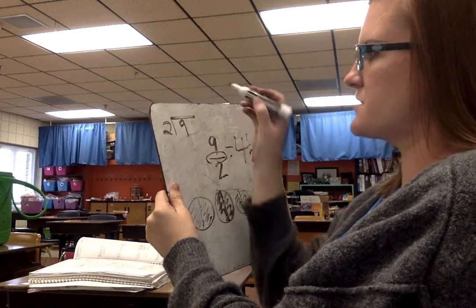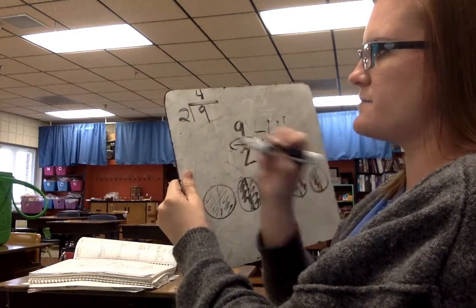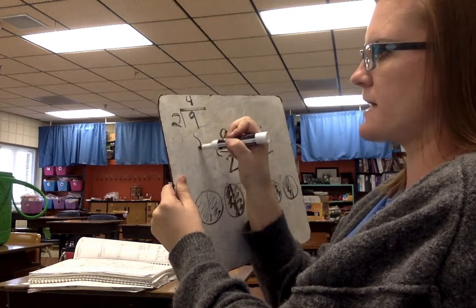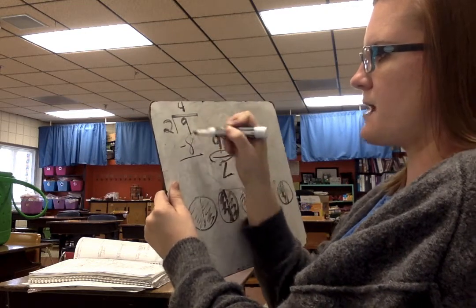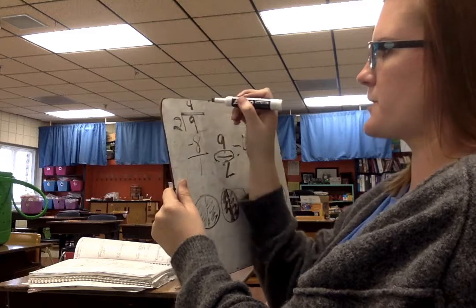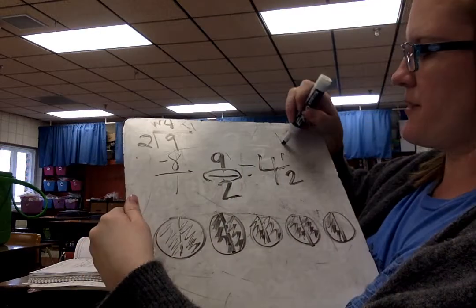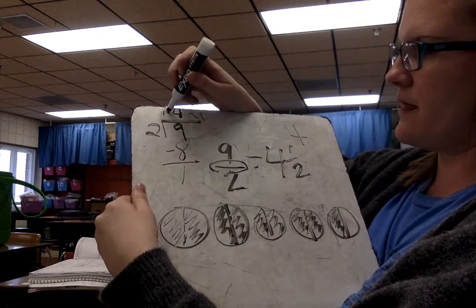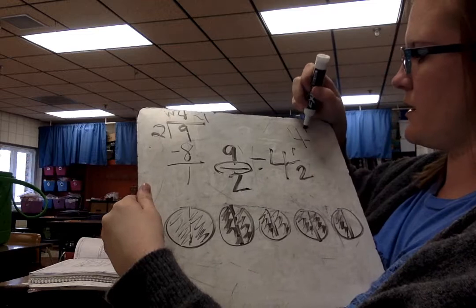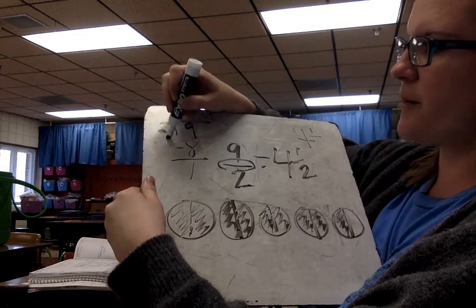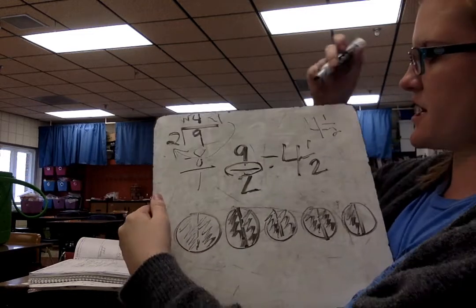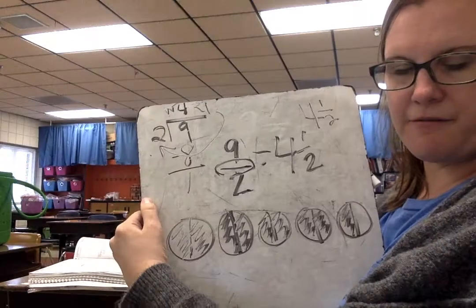I know that 2 will divide into 9 4 times. 2 times 4 equals 8. 9 minus 8 equals 1. Nothing to bring down, so I have remainder 1. So this here will tell me the whole number. So that's your whole. And then the remainder is the 1. And the denominator stays the same. It does not change. So 4 and 1/2.